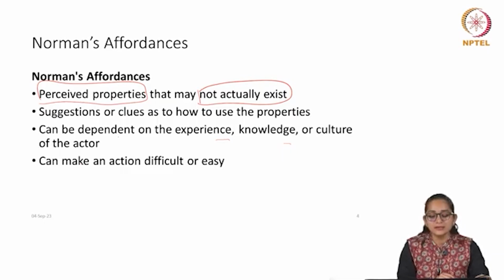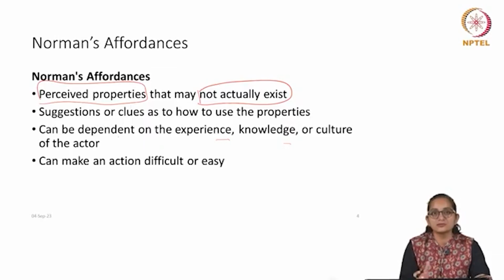For example, in Indian culture, the color red is considered a very happy or festive color. However, in Western cultures, it is considered dangerous or the color of a demon.